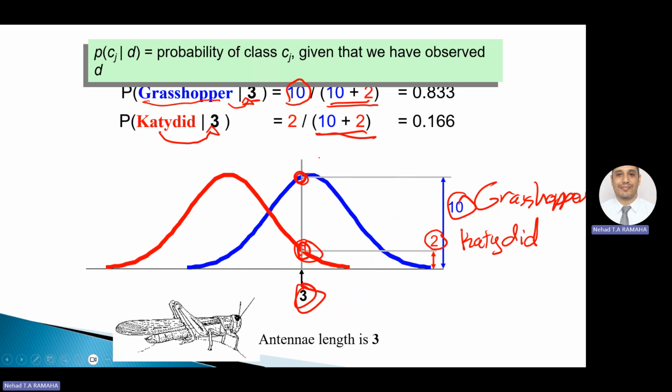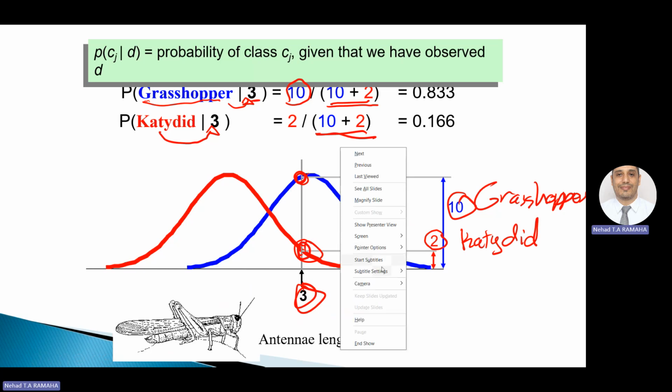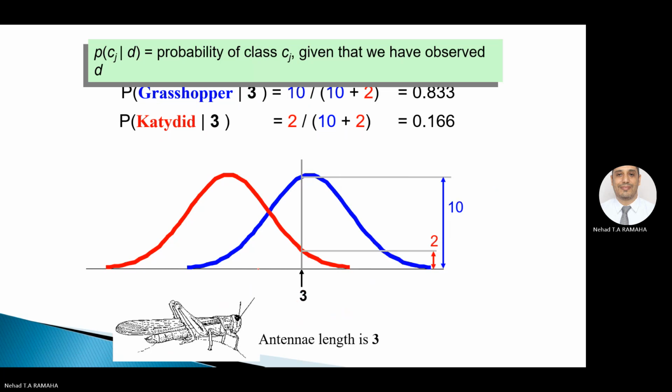Okay, another example. With antenna length, for example, 6, it's here. So if the number here is 2 and the number here is 10, the insect with antenna length 6, what's the probability?